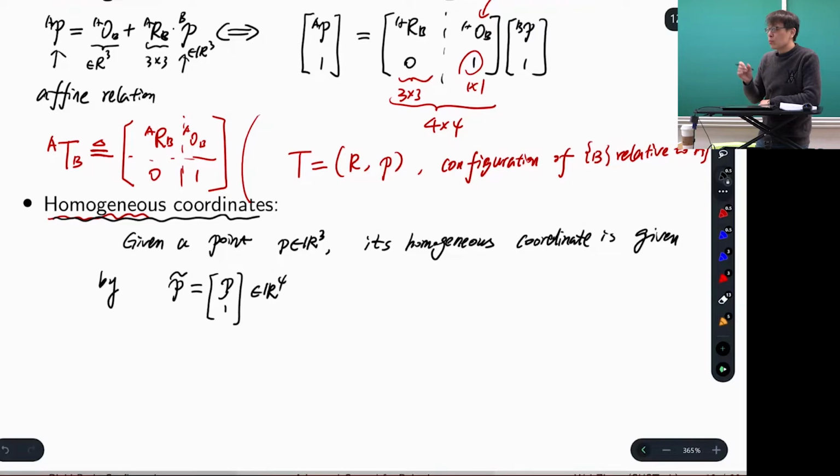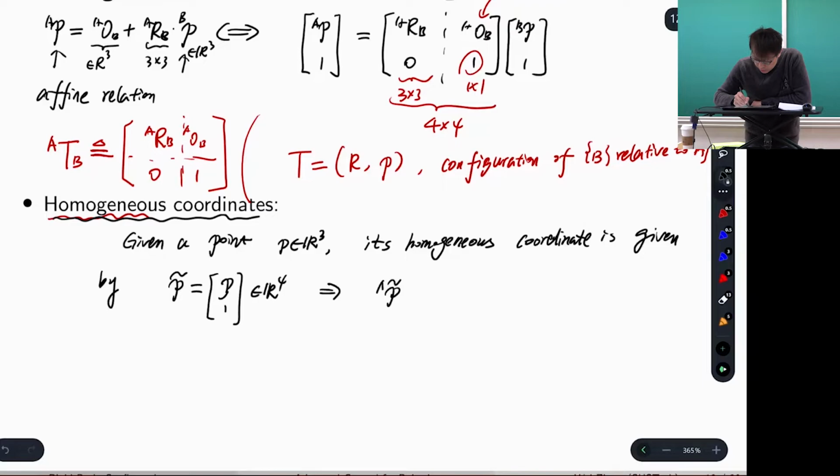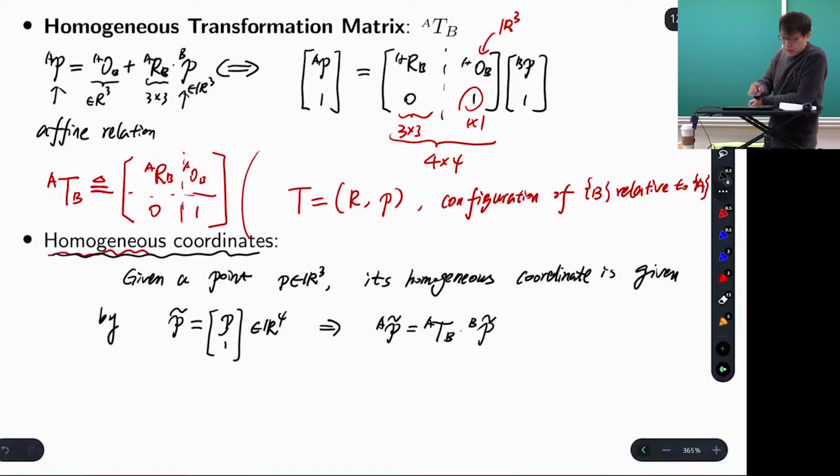We just add one constant element to the bottom of P, making it a 4x1 vector. And if we do that, we know that P tilde A equals T_BA times P tilde B. It becomes linear, or homogeneous. This is an affine relation.